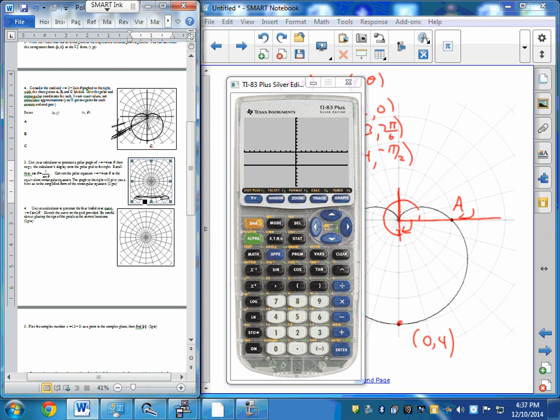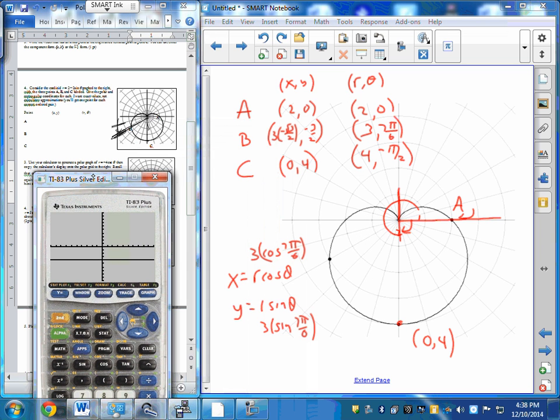Now, the question is, what's the rectangular equation? Well, you might suspect that this is y is negative 4. I mean, if you just wrote that down guessing horizontal line at negative 4, you'd be right. But why does that make sense?